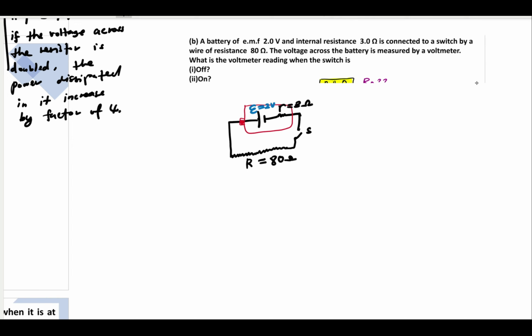Means that nilai power dissipated, kalau untuk bulb P, kalau tadi 80 watt, jadi bila kita doublekan voltage supply jadi 480 volt, so power dissipated in bulb P akan jadi 4 kali ganda lah. 80 darab 4 dia akan jadi 320 watt. Macam tu. Okay, itu untuk soalan itu.